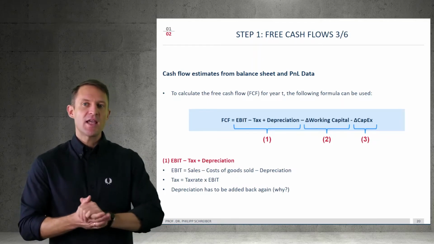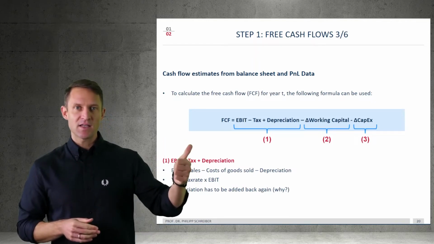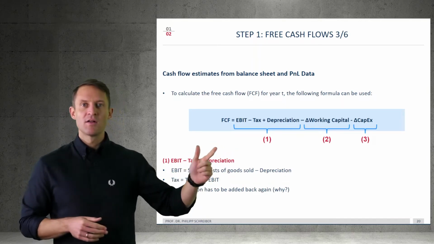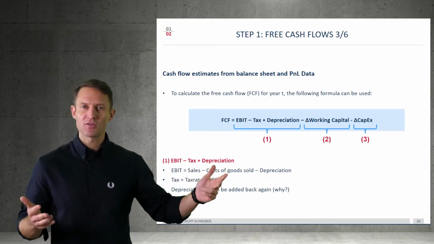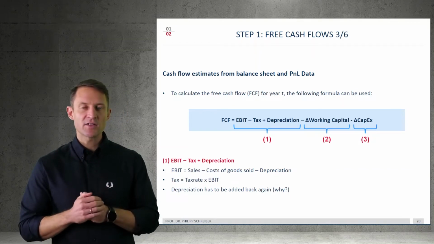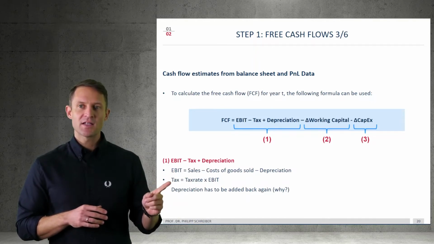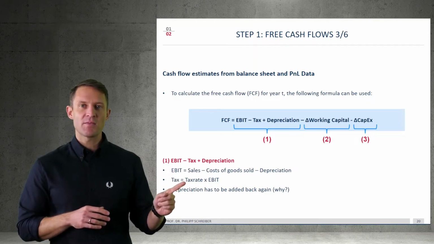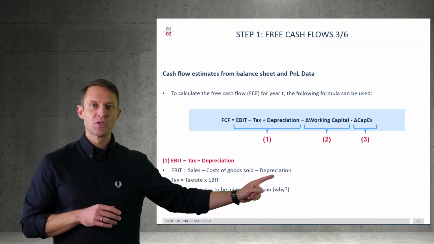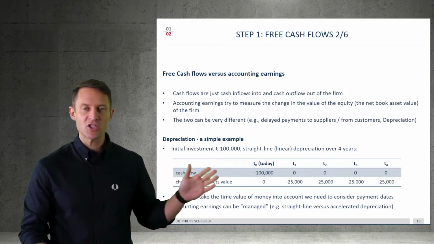The first part, EBIT minus taxes plus depreciation. What's the idea? EBIT is sales, cash inflow, minus costs of goods sold, cash outflow, minus depreciation, no cash flow. So EBIT is needed to calculate the tax payment. So we take the EBIT, we calculate the tax payment, and we subtract the tax payment. But now we have a problem because in the EBIT, we subtract the depreciation, but we said before on the slide, depreciation is not a cash outflow.